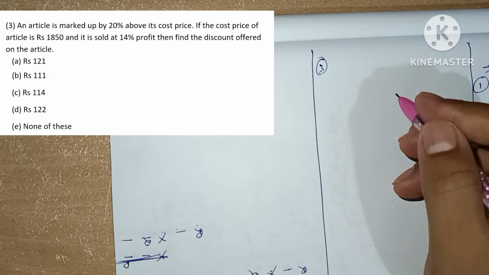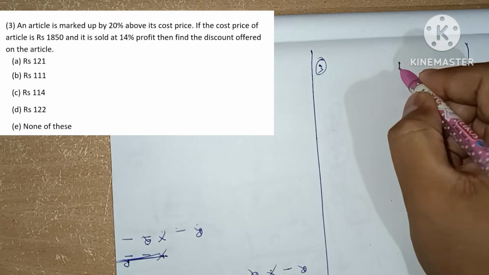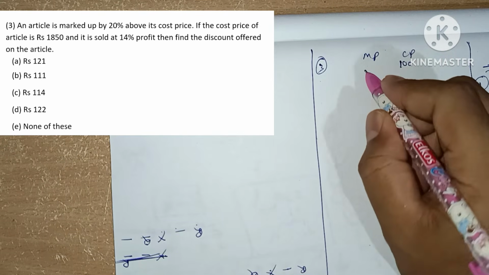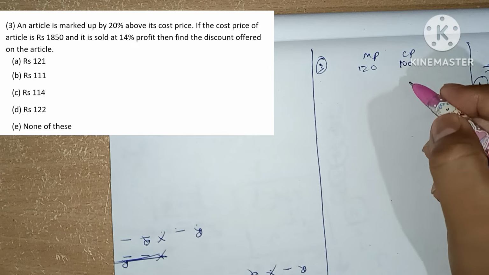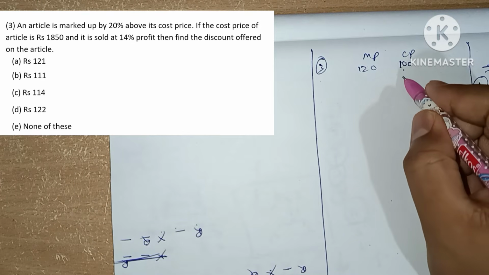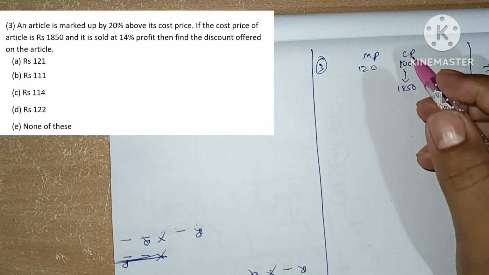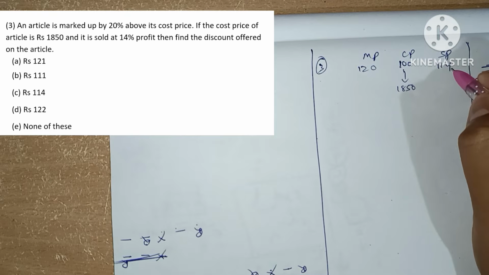An article is marked up 20% above its cost price. So let's take a cost price of 100, marked price is 20% more, means 120. If the cost price of the article is 1850, so 100 parts is nothing but 1850, and it is sold at 14% profit. So selling price is 114.